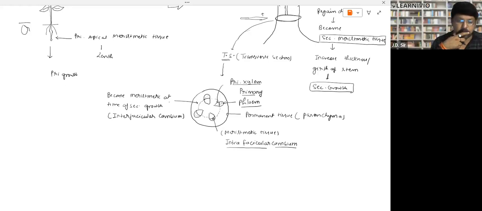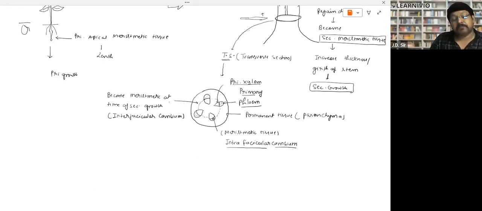Okay, can I explain it? Look, between two vascular bundles, initially the tissues were permanent tissues, made up of parenchyma, with no capacity of division. When the plant plans to increase its girth, its thickness, these permanent tissues, which I have shown with the shaded area, become meristematic and make a complete ring.